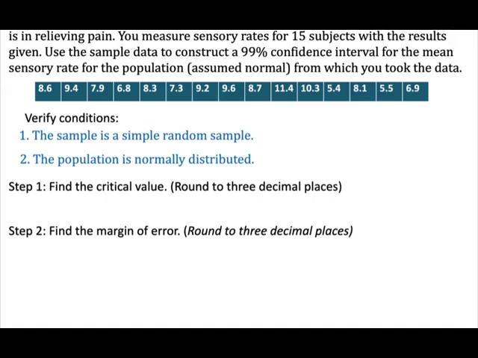You do have 15 data, right? So n equal to 15. So the degree of freedom will be n minus 1, which is going to be 14. And we are working on 99%, okay? So you should have inverse t, 0.995, degree of freedom n minus 1. You could get 2.977.